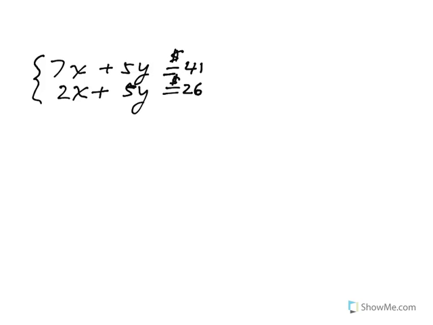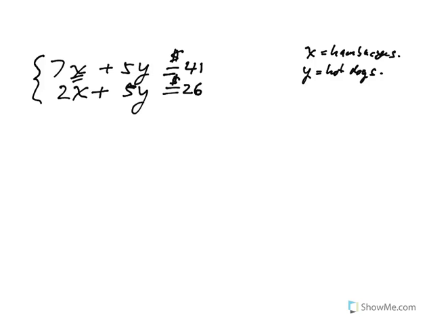So 7 hamburgers and 5 hot dogs cost $41, and 2 hamburgers together with 5 hot dogs cost $26. So X is the number of hamburgers I'm buying, and Y is the number of hot dogs. And we want to know how much each thing costs.